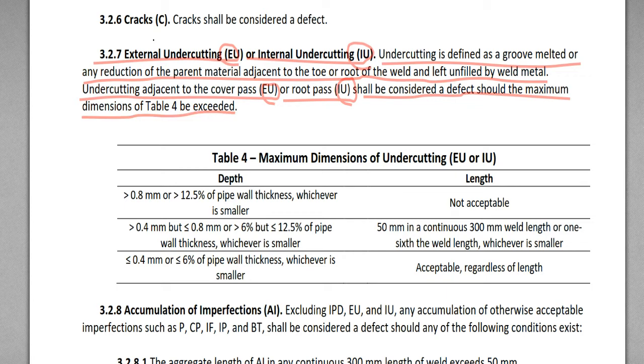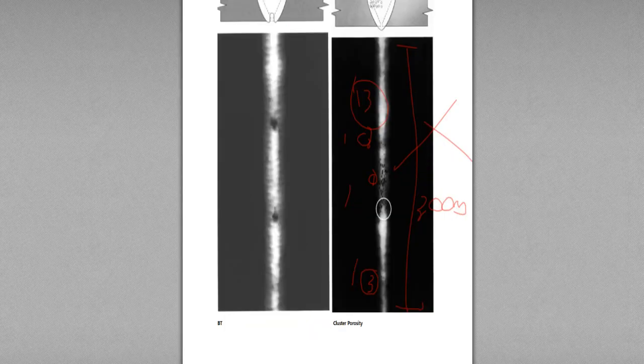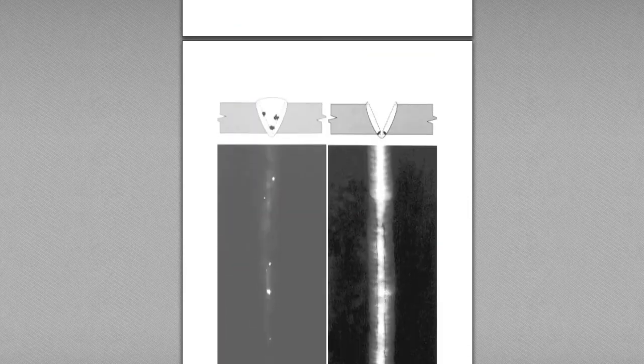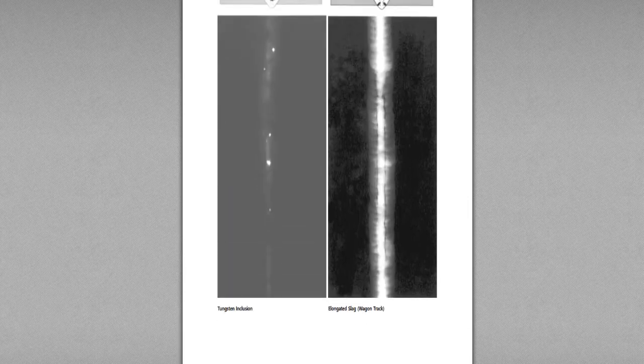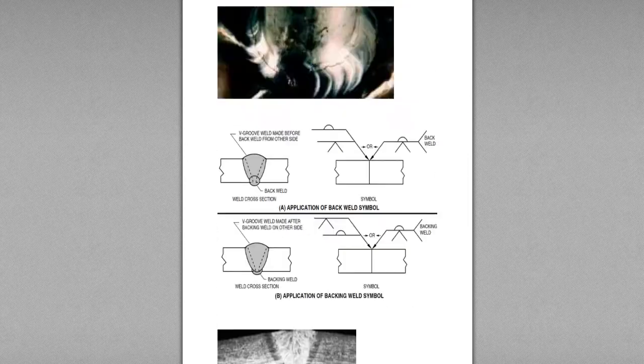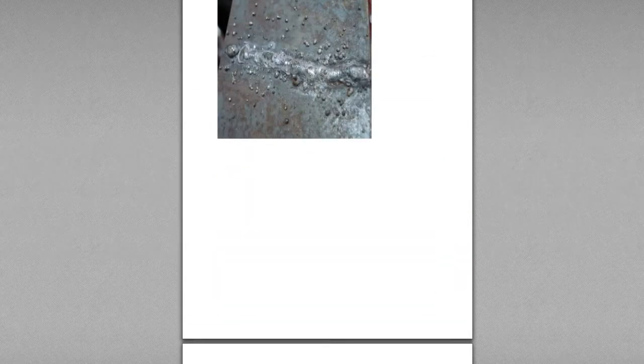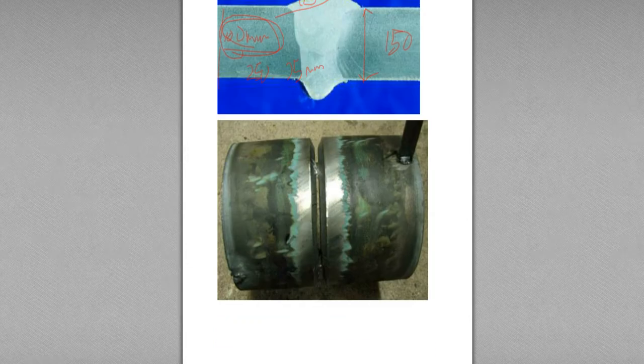So undercut is defined as thickness reduction in the base metal very adjacent to the weld toe.